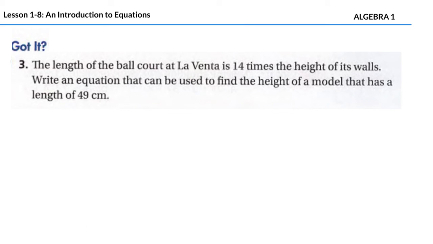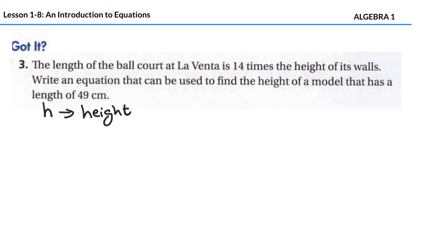So did you try this problem? Check this out. The length of the ball court at La Venta is 14 times the height of its walls. The length is 14 times its height. Write an equation that can be used to find the height of a model that has a length of 49 centimeters. Let h be the height of the wall.